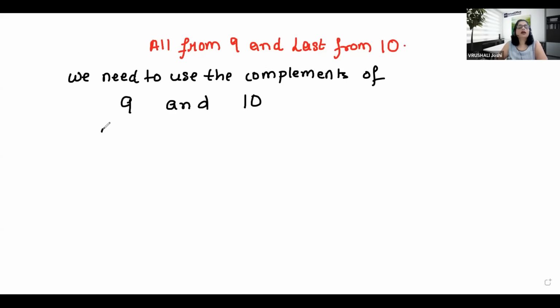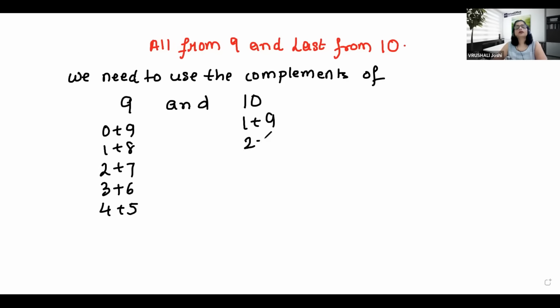What does that mean? Before 1 plus 8 we have 0 plus 9, 1 plus 8, 2 plus 7, 3 plus 6 and 4 plus 5. This is the combination of 9, and we have 1 plus 9, 2 plus 8, 3 plus 7, 4 plus 6 and 5 plus 5. So this is the combination which we use.